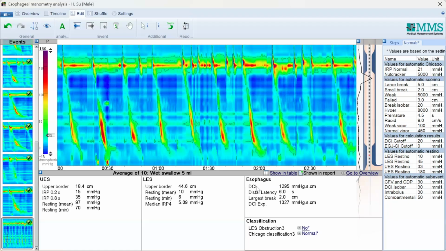And you always have to keep in mind that based on the report of manometry, the surgery decision will be made by the surgeon. So we shouldn't do it quickly or in a hurry.